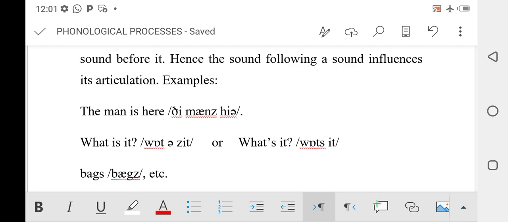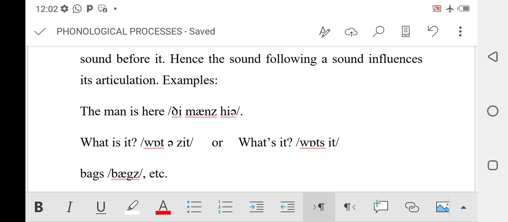Now let's look at the sentence. The man is here. I have called this sentence word by word. But when you are speaking it in connected speech, you will say the man's here. The man's here.